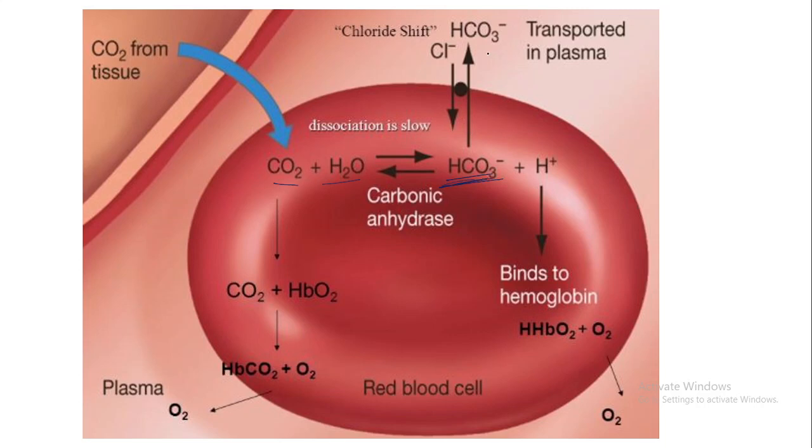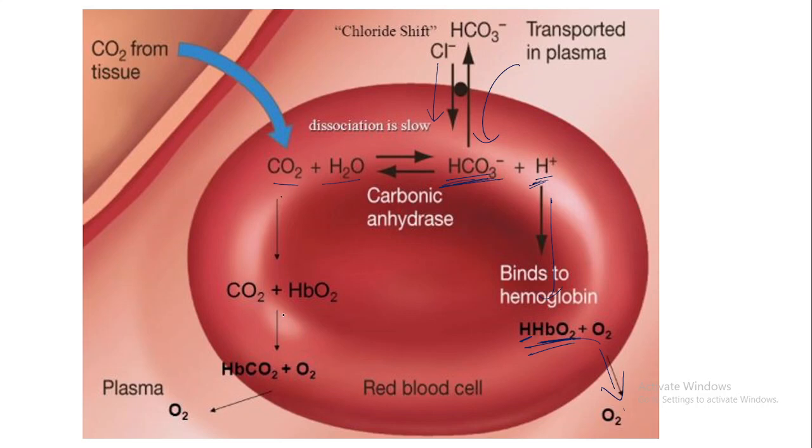This keeps moving out into the plasma, hence to compensate, chloride shifts from the plasma into the RBC. The H+ binds to the hemoglobin to form this structure, acidic oxyhemoglobin, which releases oxygen.